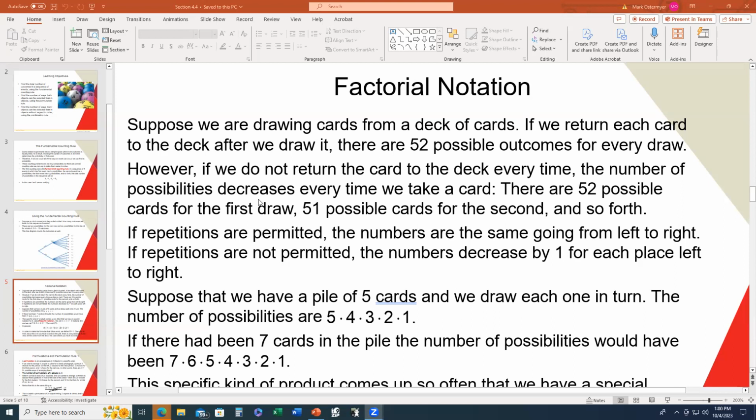So in that case, there will be 52 possible outcomes on the first draw, but only 51 possible outcomes on the second draw, and 50 outcomes on the third draw, and 49 outcomes on the fourth draw, et cetera. So if repetitions are permitted, the numbers are the same going from left to right. If repetitions are not permitted, the numbers decrease by 1 for each place left to right.